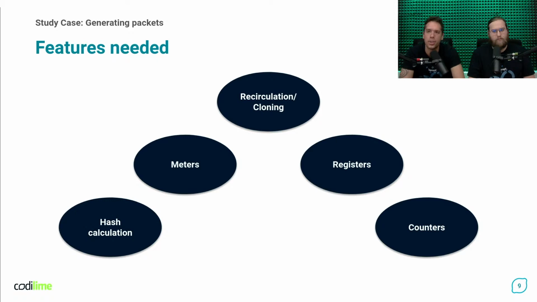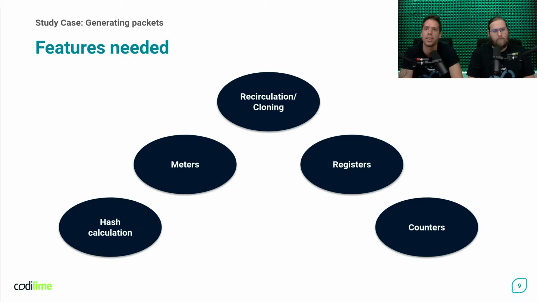So recirculation was originally invented to decapsulate multiple layers of encapsulation protocols. So if, for instance, you have a packet that is an MPLS inside a VXLAN, you can first parse and decapsulate the VXLAN, and then recirculate the packet to the beginning of the pipeline, parse it again, and then deal with MPLS.